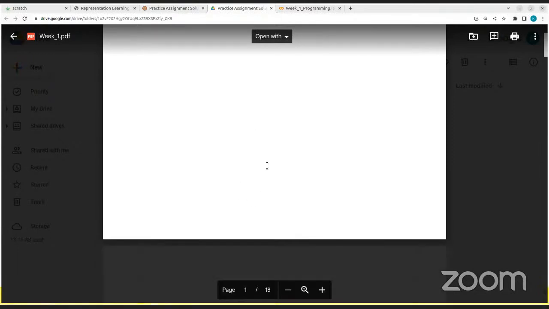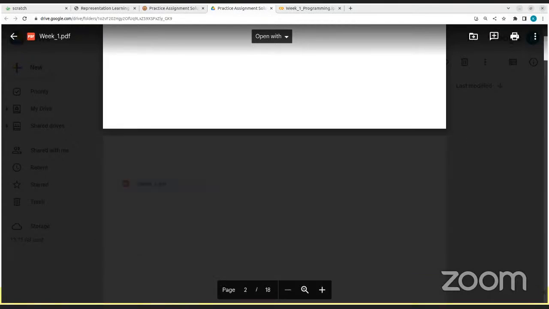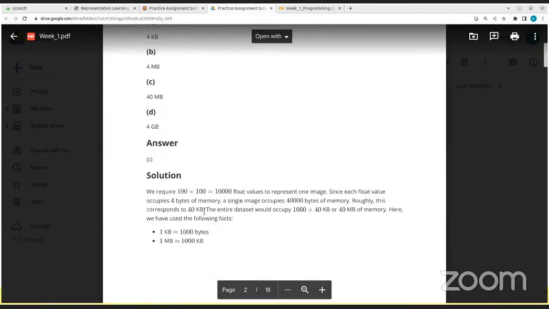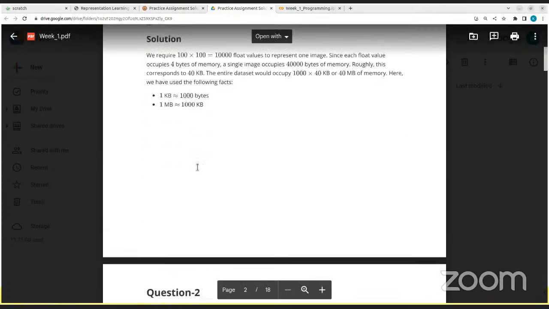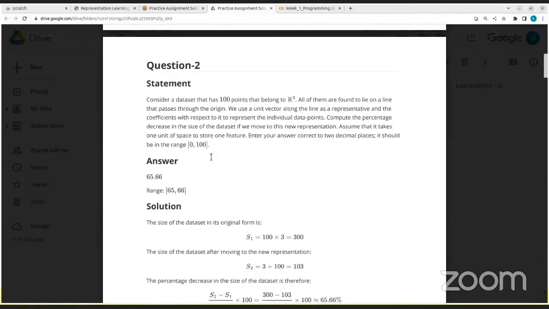You can go through this. I think this has been explained in considerable detail, why this should be 40 MB. If it is not clear after this, let me know, and we can discuss it.